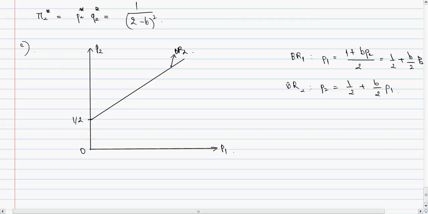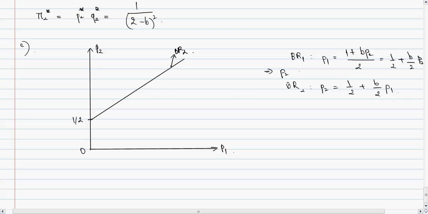Now in order to draw the best response function for firm 1, again I want P2 on the vertical, P1 on the horizontal. So you will just have to rearrange the function a bit in order to make P2 the subject.